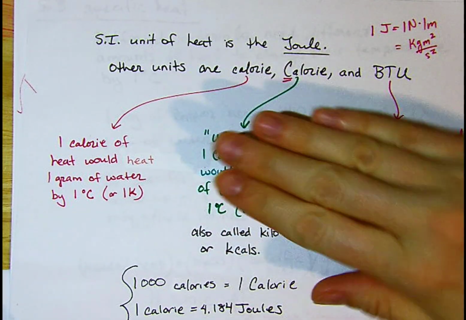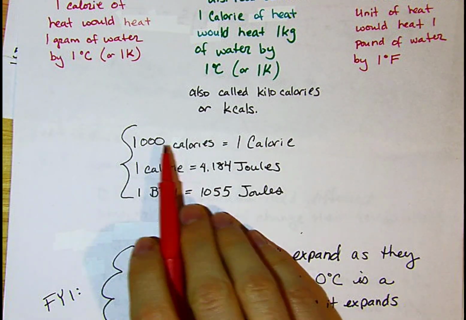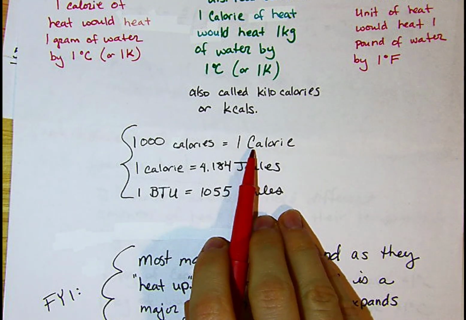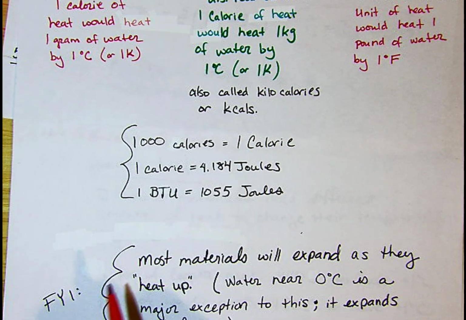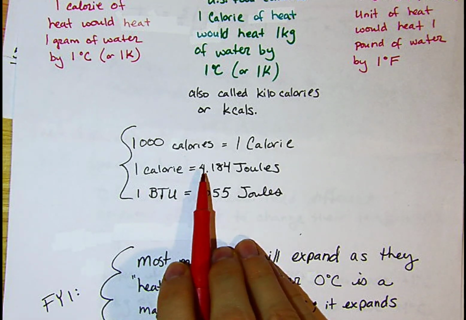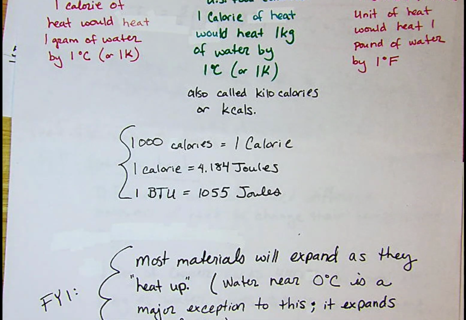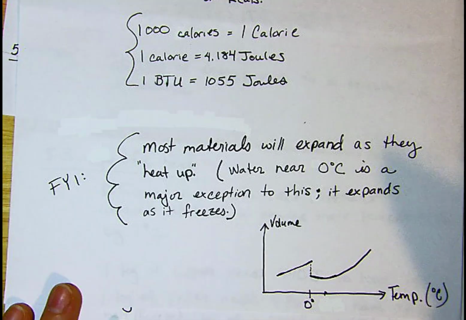And I wouldn't mind getting rid of the rest. If you ever needed to convert between them, 1,000 calories is equal to 1 food calorie. 1 calorie would also be equal to 4.184 joules, and 1 British thermal unit is equal to 1,055 joules.